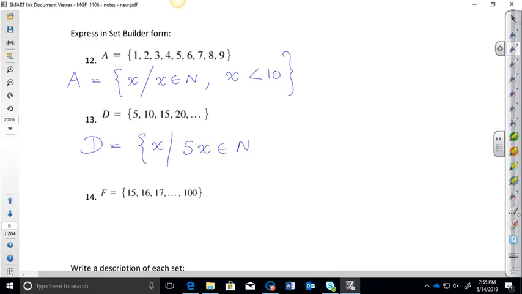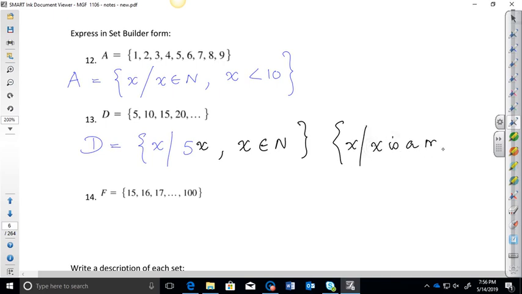Or maybe I should say 5x, then comma, x is in n. Or you can write it like this: set of all x such that x is a multiple of 5. You can write it like that, right? 5x, which is a multiple of 5, or just write multiple of 5.